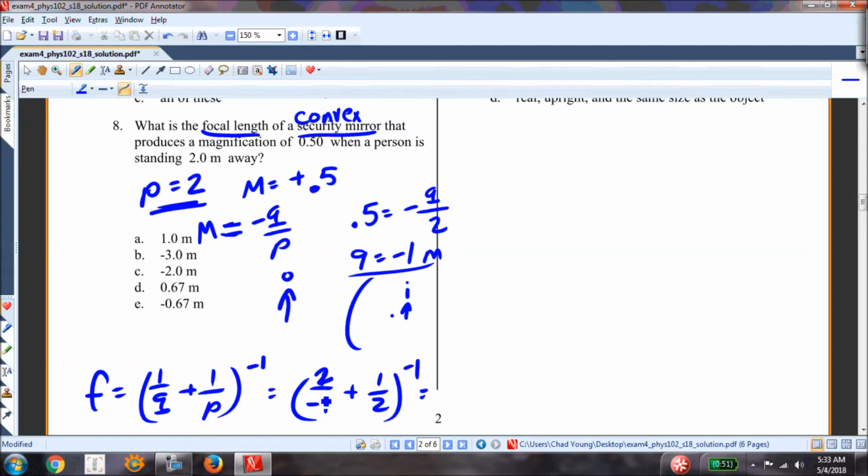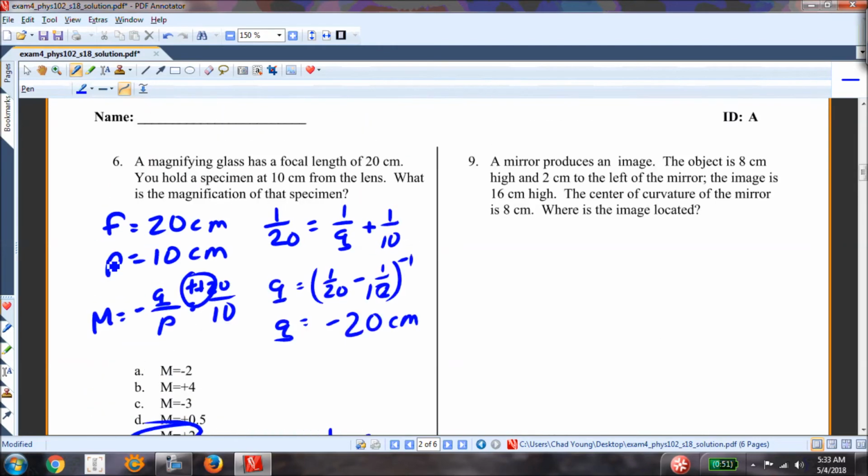This is -2 over 2 plus 1 over 2. That's -1/2. Excuse me, that's -1/2 inverse, which is -2. So the answer should be C for number 8.